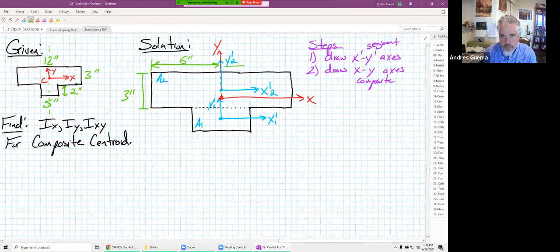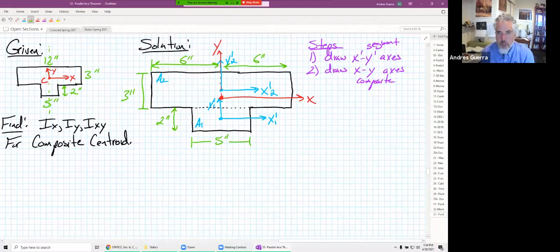And then this one over here would also be 6 inches. And that's because we know that we have that line of symmetry. And notice that all those y-axes line up on one another. This distance across here is 5 inches. And then the distance coming down to here is equal to 2 inches.